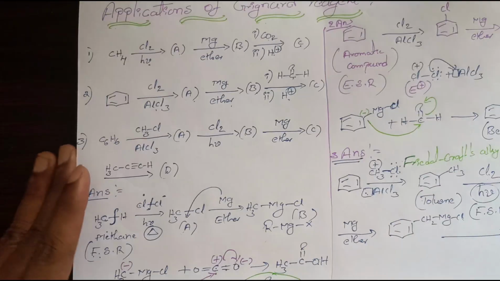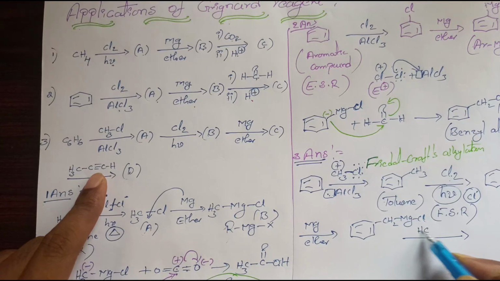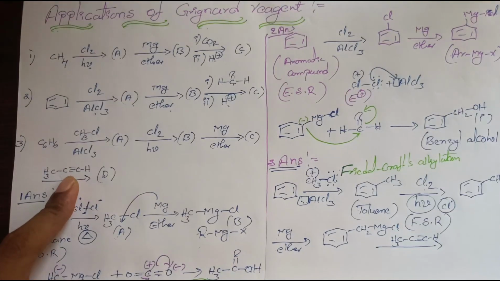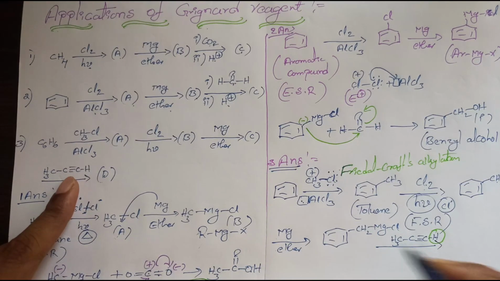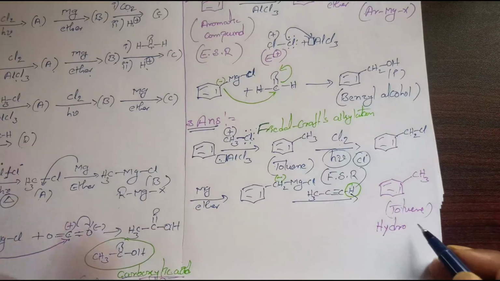What is given last in the equation? CH3, C triple bond CH. This is an alkyne, a terminal alkyne, having acidic hydrogen. The carbon bearing negative charge acts as a base and abstracts the proton from the alkyne. What is this? Again toluene. So this is the preparation of toluene, which is a hydrocarbon.